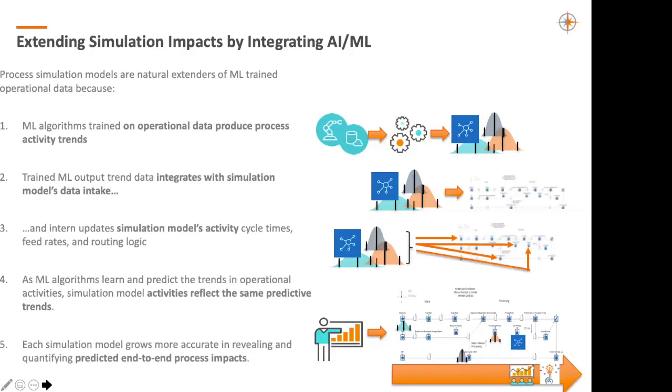So if you look at a process as multiple activities and multiple steps, multiple paths, artificial intelligence algorithms are great at ingesting a large amount of data and then starting to produce trends or even categorizations from that data.